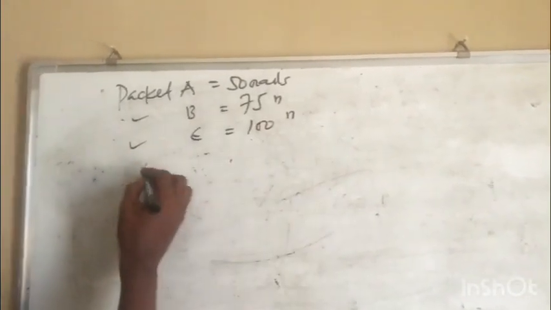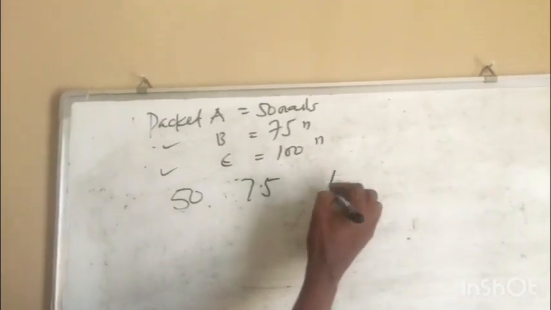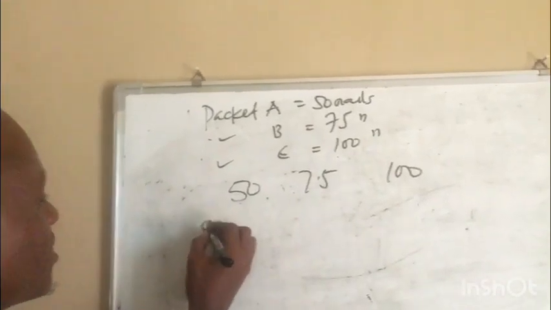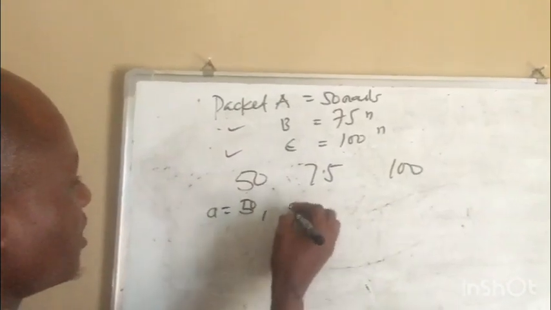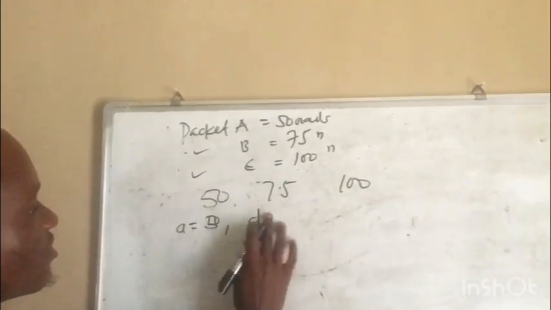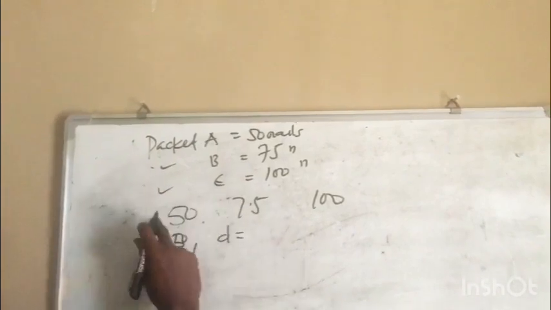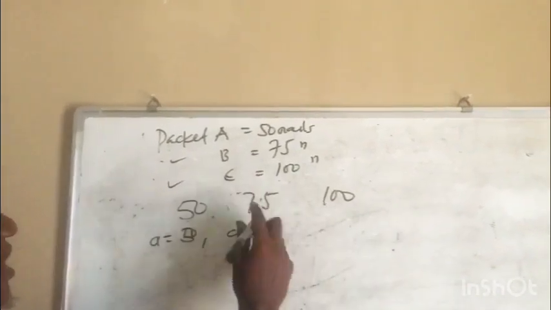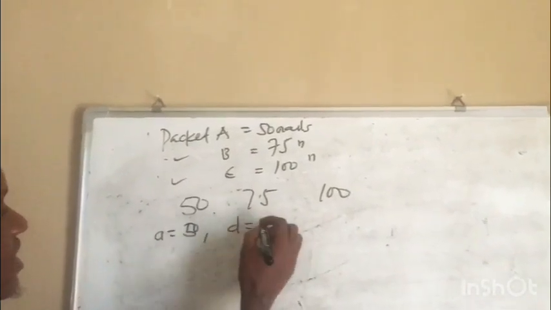If you follow that sequence, 50, 75, 100, our first term is 50 and the common difference is 25. You can say 75 minus 50 or 100 minus 75. That means my d here is 25.